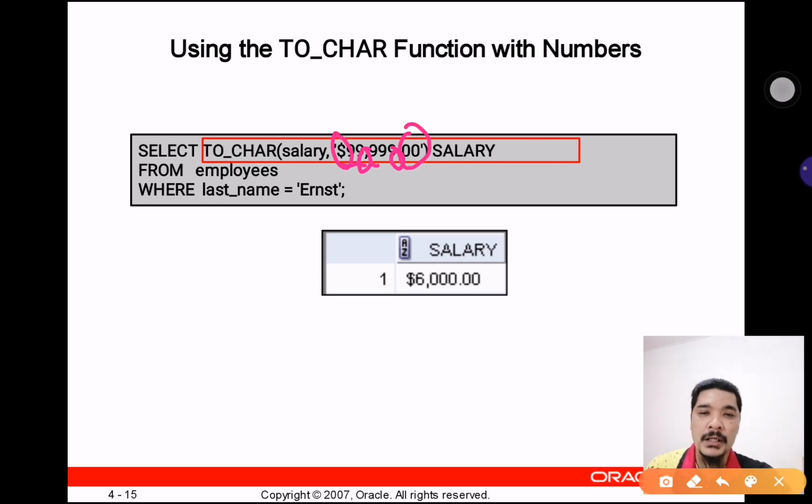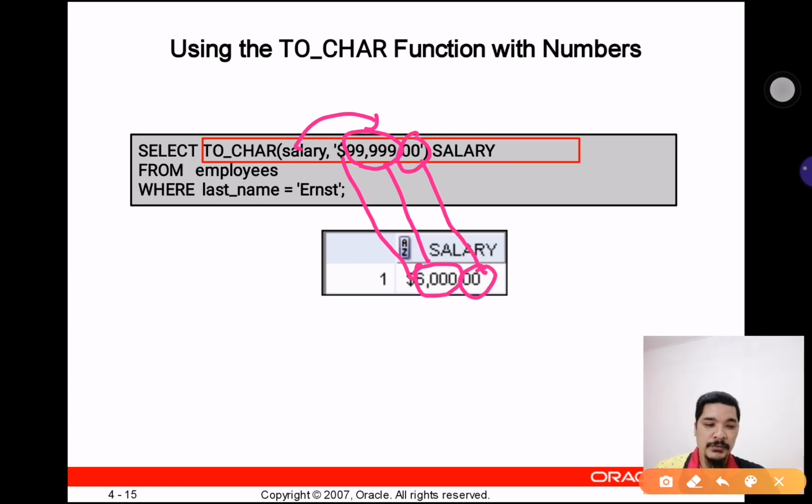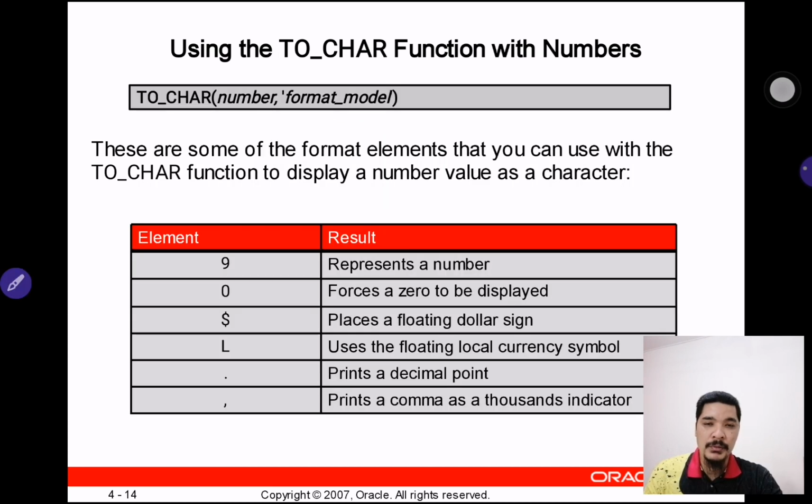So the output is, this is the dollar sign. 9 represents any number in the salary, so this is our number 6,000, and the 00 is forced to be 0. The definition is that 0 will be forced to display a 0.